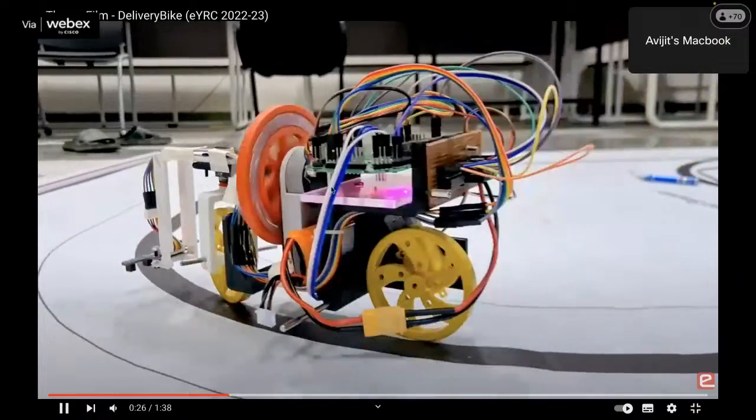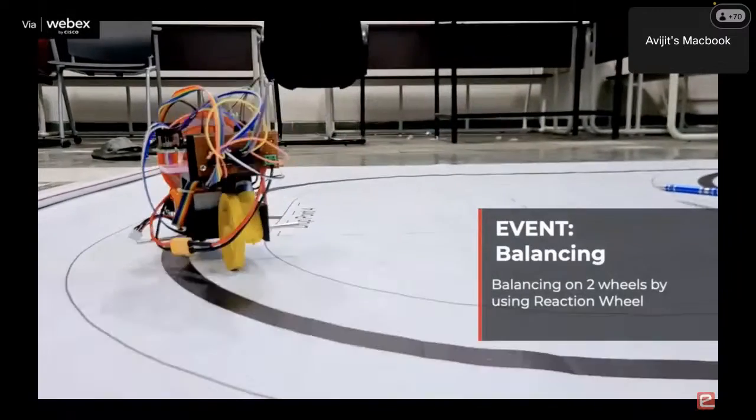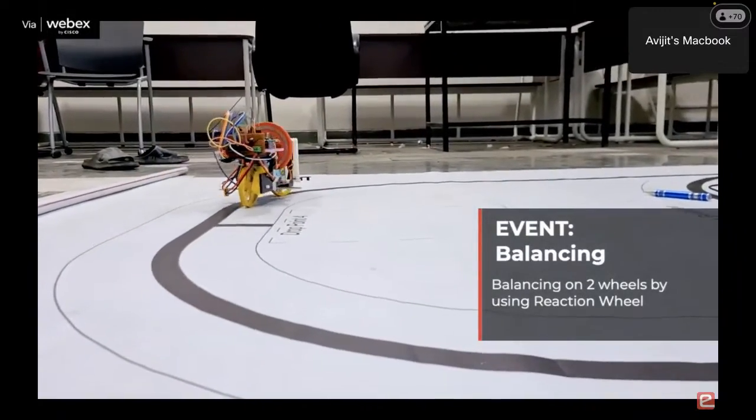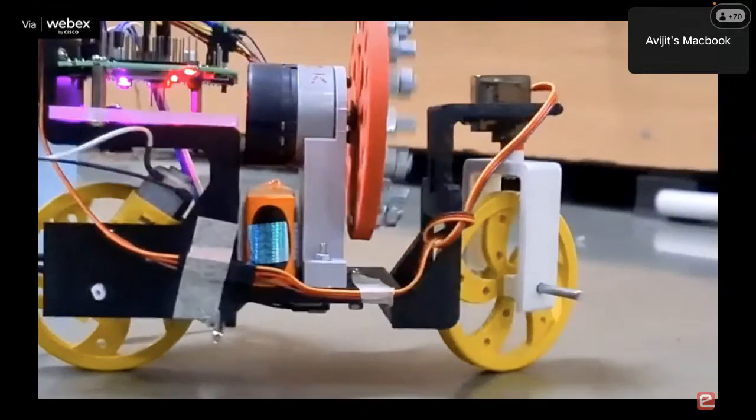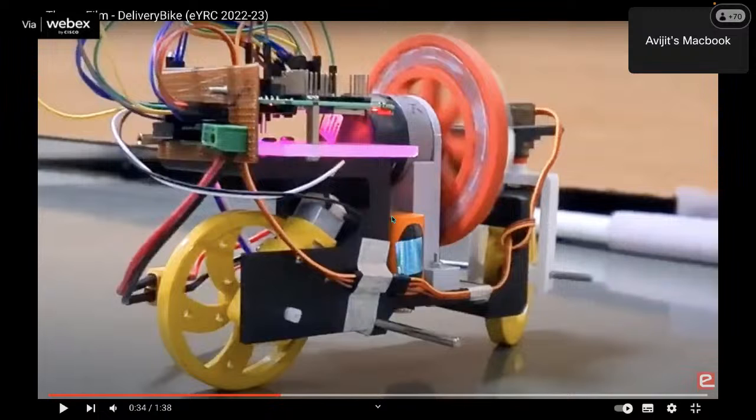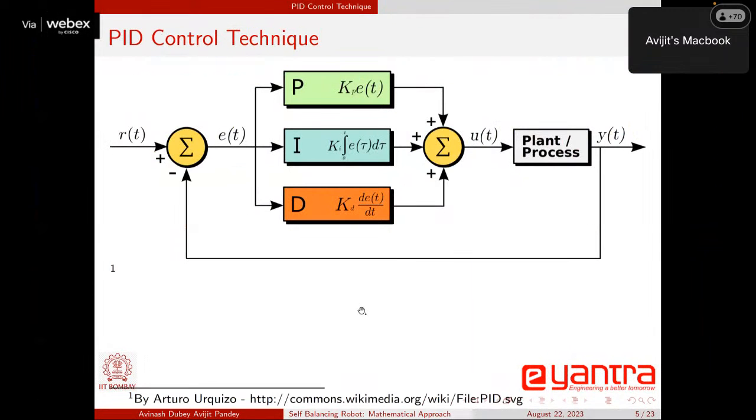You can see these videos in the eLSI channel. Let's move forward from this. We had one theme based on this reaction wheel based self-balancing bike last year. Okay, moving on. I'll hand over the floor to Jerish to talk about the PID control technique.